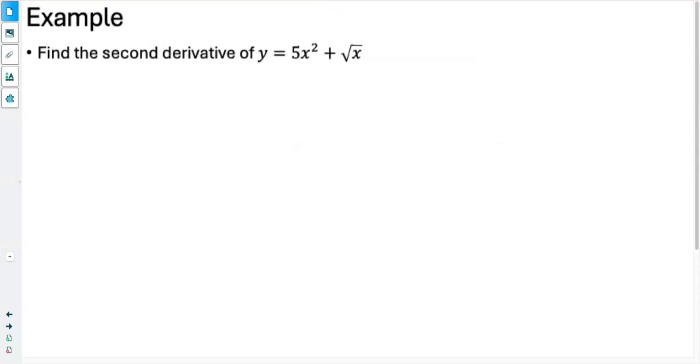So the first example we're going to look at is finding the second derivative of y equals 5x squared plus root x. Now, to get our various derivatives, we have to do them in order. So if we're solving for our second derivative, we first have to find our first derivative. So to get our first derivative, we know that's just d/dx of 5x squared plus the square root of x.